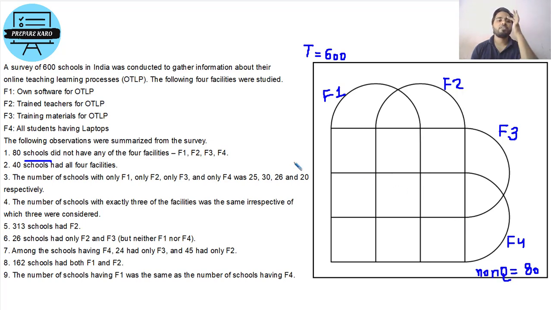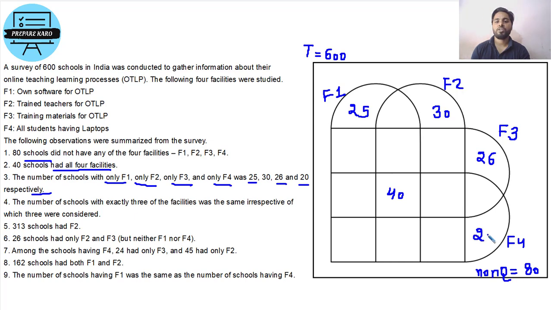None is 80. 40 schools had all four facilities. All four is 40. The number of schools with only F1, only F2, only F3, only F4 was 25, 30, 26, 20 respectively. Only F1 25, only F2 30, only F3 26, and only F4 20.